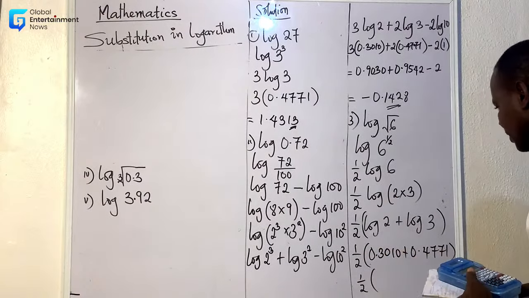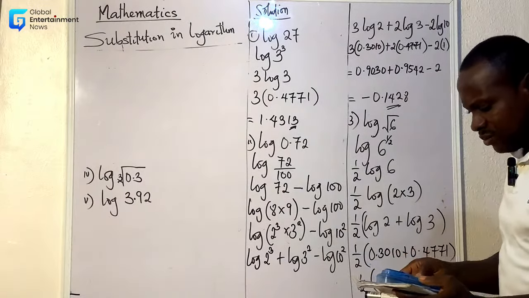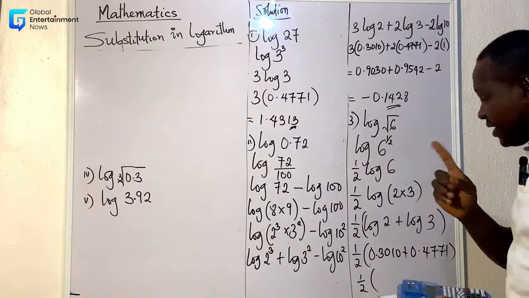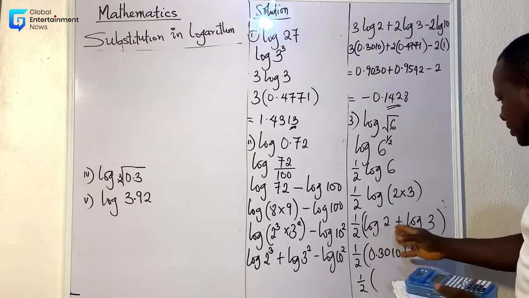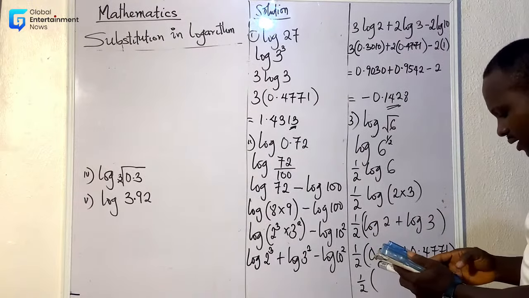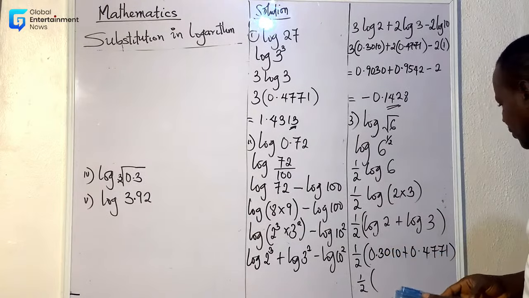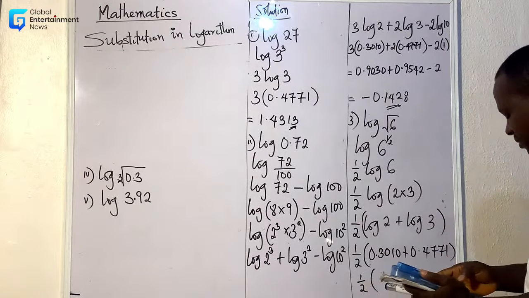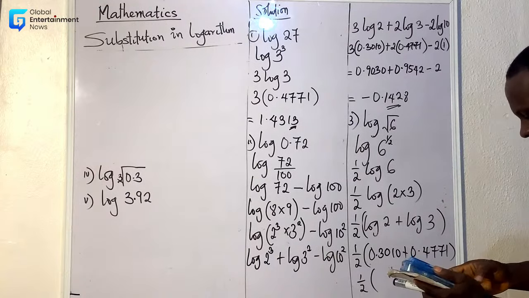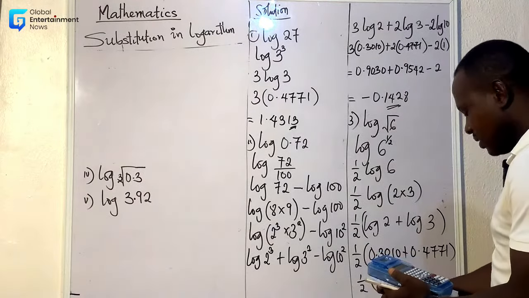Do you understand? That is one of the mistakes that anybody can make. So you need to be very, very careful when you are dealing with brackets. Now, let's add it together: 0.3010 plus 0.4771.